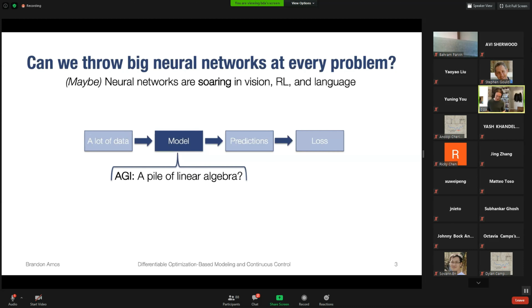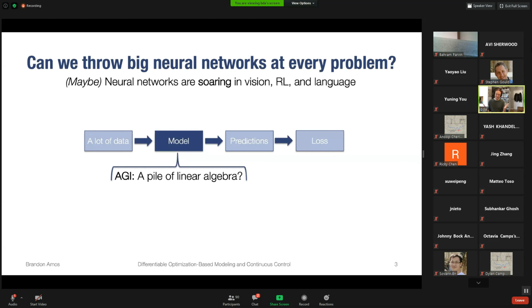So I'm talking about the standard set of linear algebra that you can throw at all of these vision and RL and language problems. And this paradigm seems to work really, really well when we have a lot of data and when this setup matches the kind of magic that deep learning has.